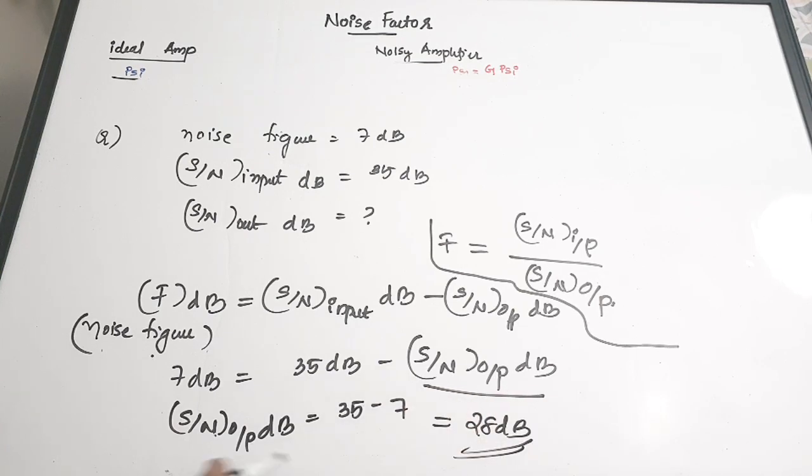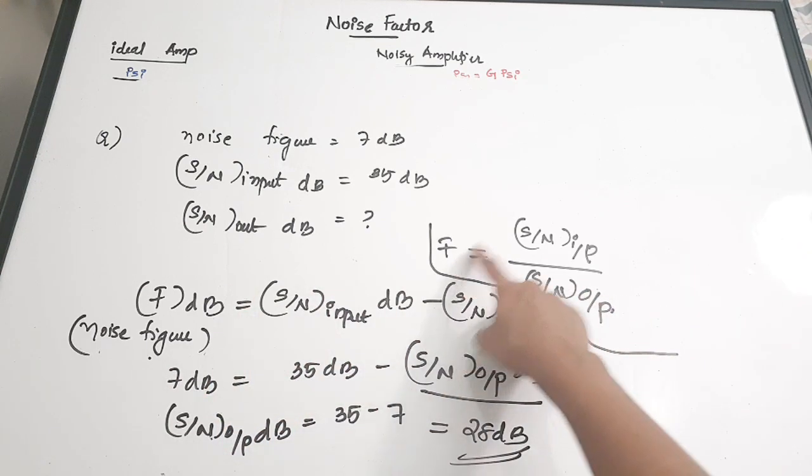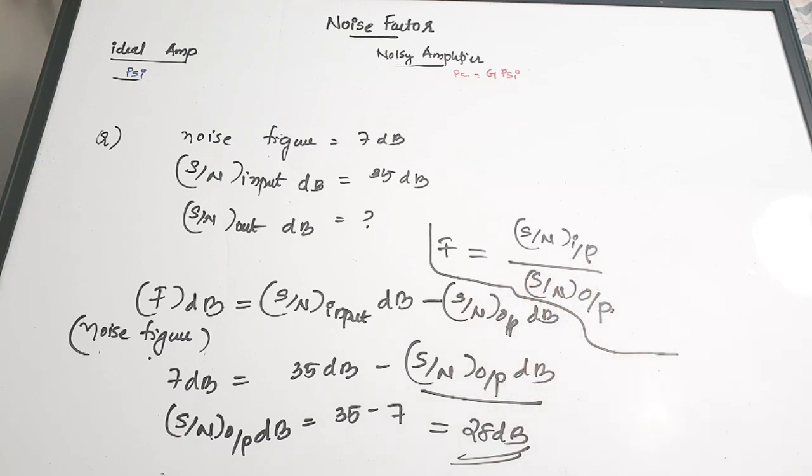Okay, so this is how you do a question on the noise factor and noise figure. When the relation is using noise figure, you have to take the difference since it is dB values. But when it is a ratio, noise factor is equal to S by N input to S by N output.